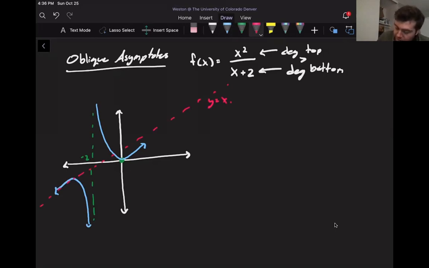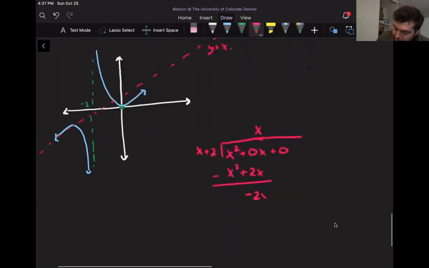So if we do some polynomial division, just x plus 2 into x squared, and we'll write plus 0x plus 0. First, we're going to match x, and so we get x squared plus 2x. We subtract, and we get negative 2x.